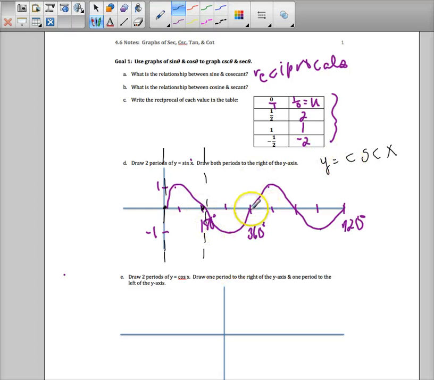Again, at 360 degrees, the sine of 360 degrees is 0, and the reciprocal of 0 is undefined. So everywhere sine crosses the x-axis, sine has a value of 0, and the reciprocal of 0 is always undefined.